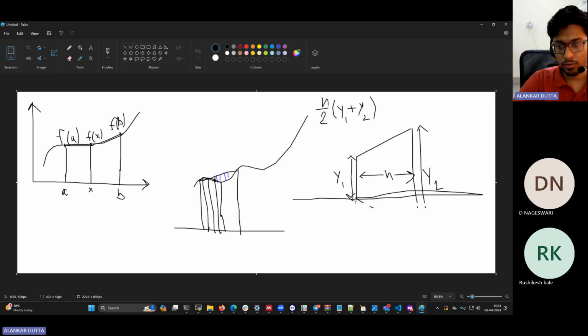This is the trapezium we are interested in, and obviously this value exactly is y2, right?